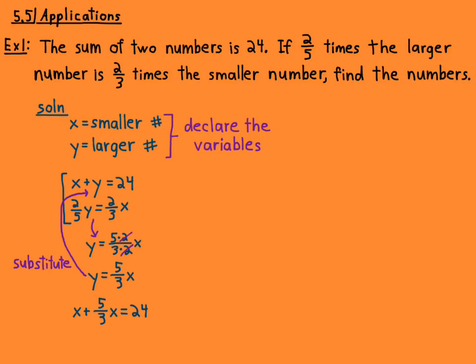Then I want to combine the two x terms. 1 is 3/3, and so I had 3/3 plus 5/3 is 8/3. 8/3 x equals 24. And I just cross multiply, so this 3 goes up here, and this 8 goes down here.